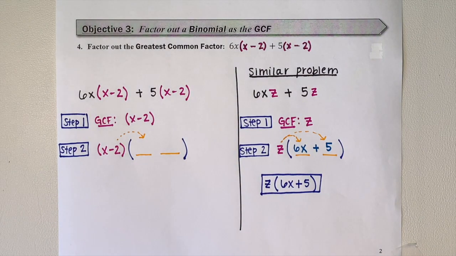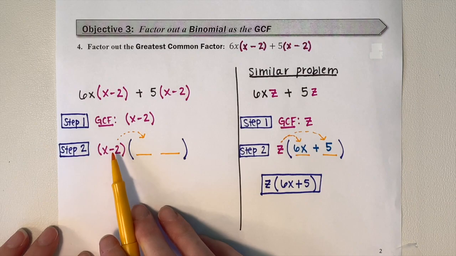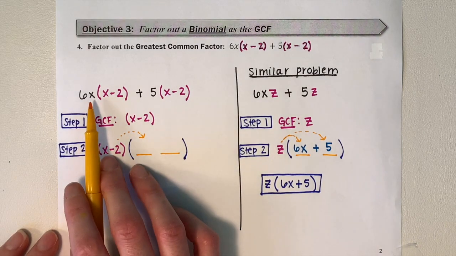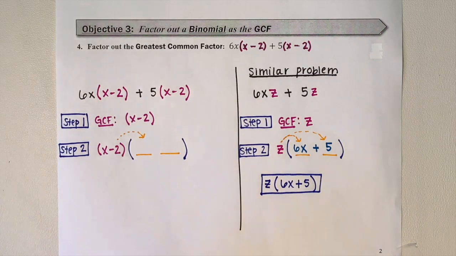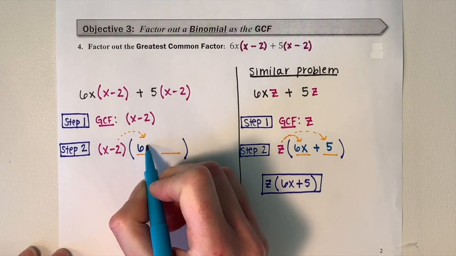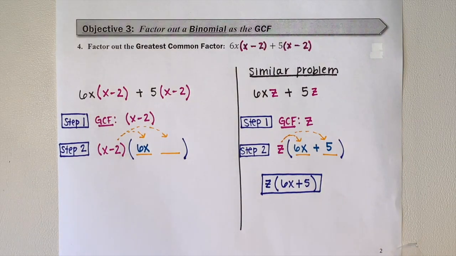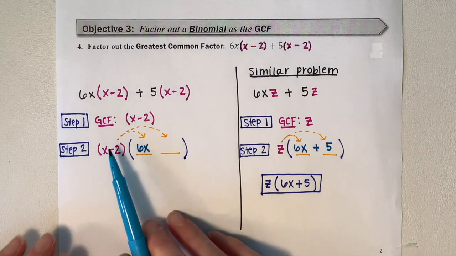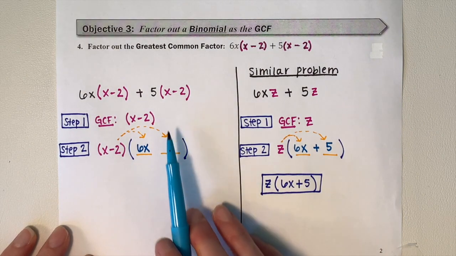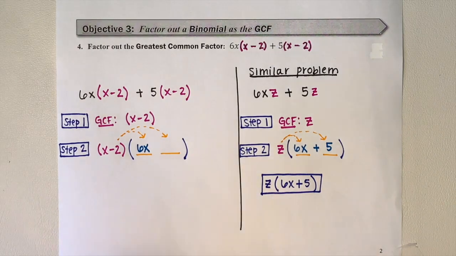Now we want to ask ourselves, what would we have to multiply x minus 2 by to get 6x times x minus 2? Well, x minus 2 times 6x would give us 6x times x minus 2. Then we need to ask ourselves, what would we need to multiply x minus 2 by to get a positive 5 times x minus 2?